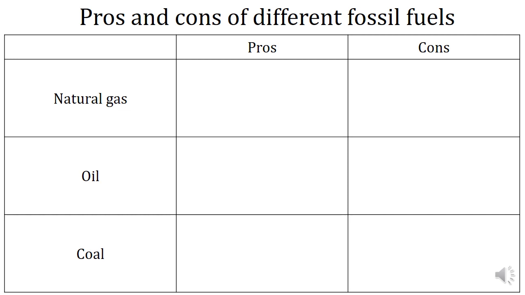Okay, so in terms of pros and cons, obviously these are all fossil fuels, so they've all got the con of increasing carbon dioxide in the atmosphere. I'm not going to write that in each of them. So natural gas, it burns pretty clean. So it's not going to make sulfur dioxides and things like that you find from coal.